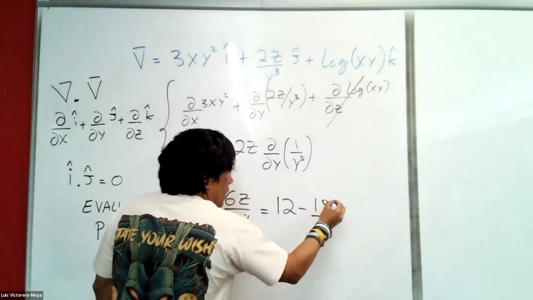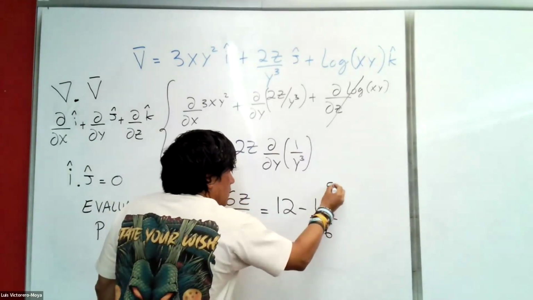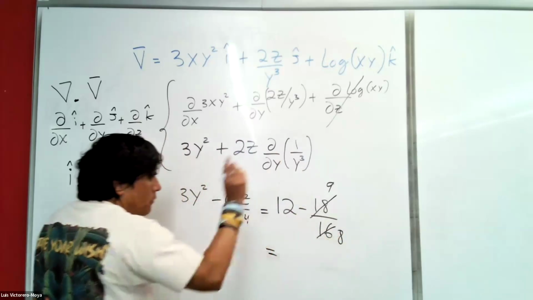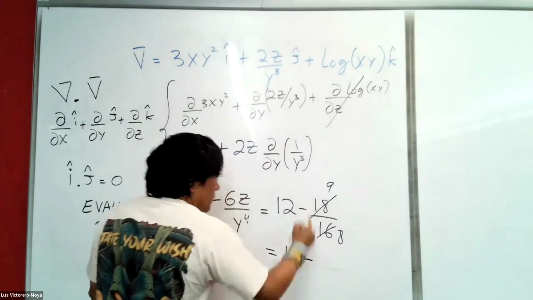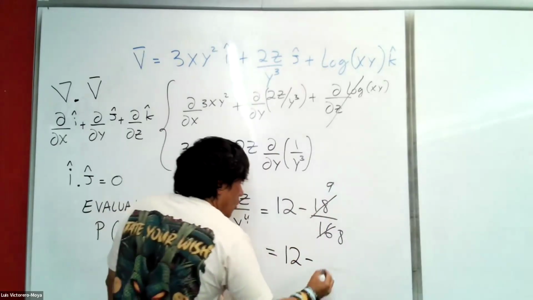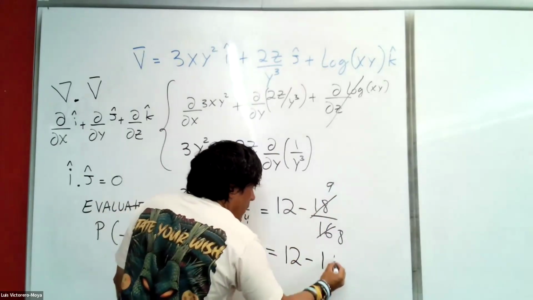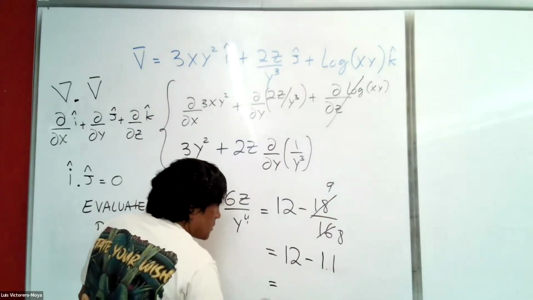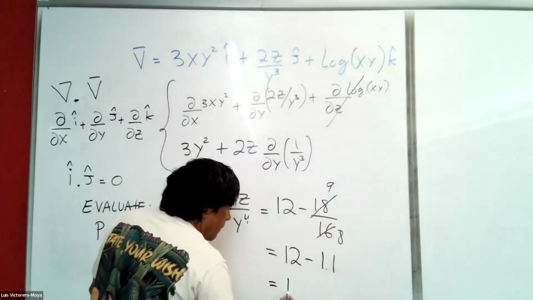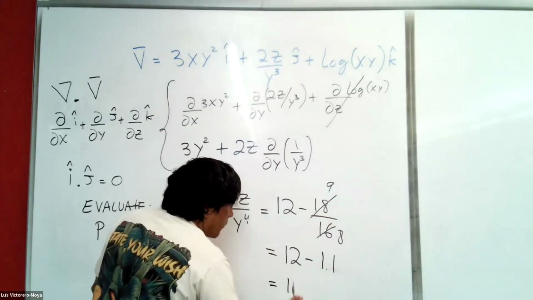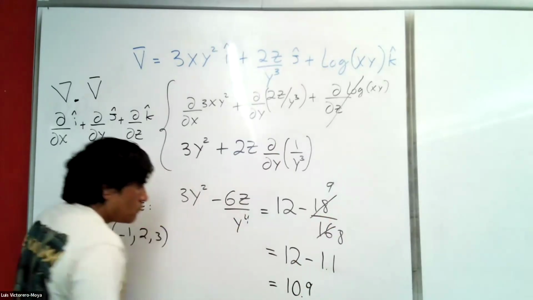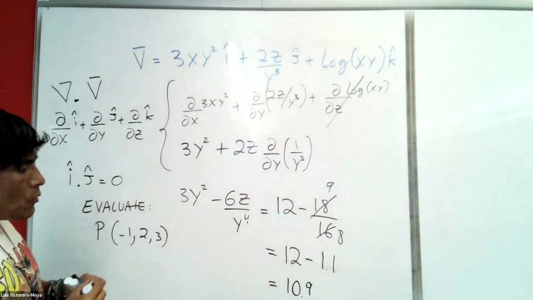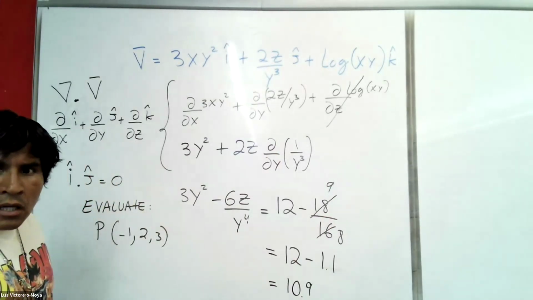So that's 9 over 8, that's like 1 point something, right? So 12 minus 9 over 8 is 1.1, let's say, something like that. So that will be 10.9. So that will be a scalar. Scalar, so simple.